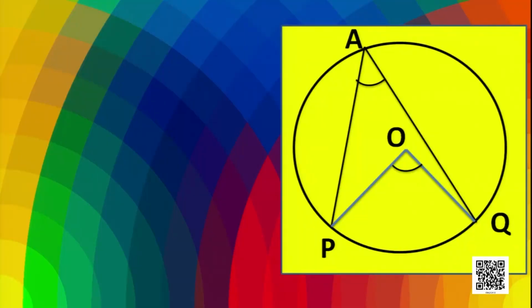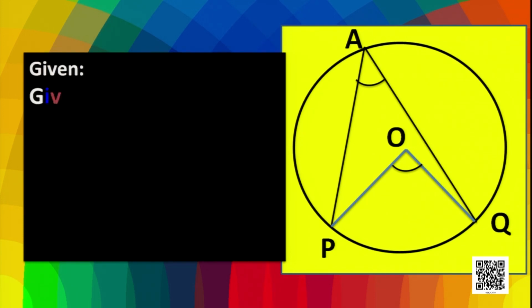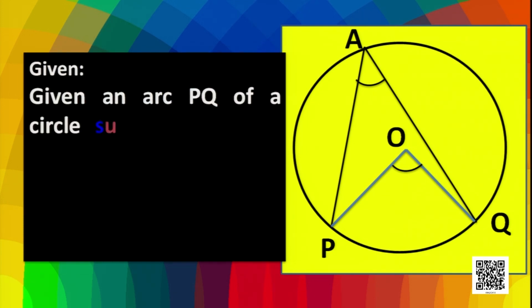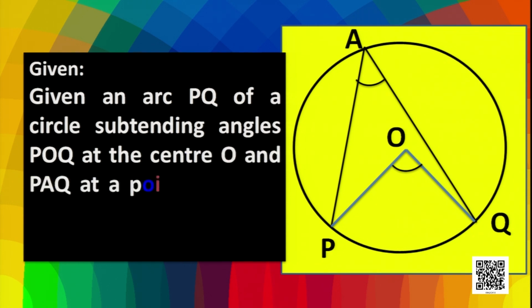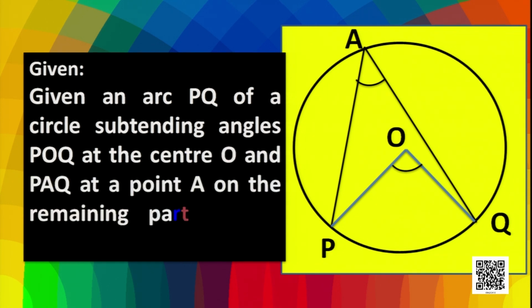Now you see, in this case, we have PQ as the minor arc. So what is given here? The arc PQ of a circle subtending angle POQ at the center O and PAQ at a point A on the remaining part of the circle, as we discussed earlier.